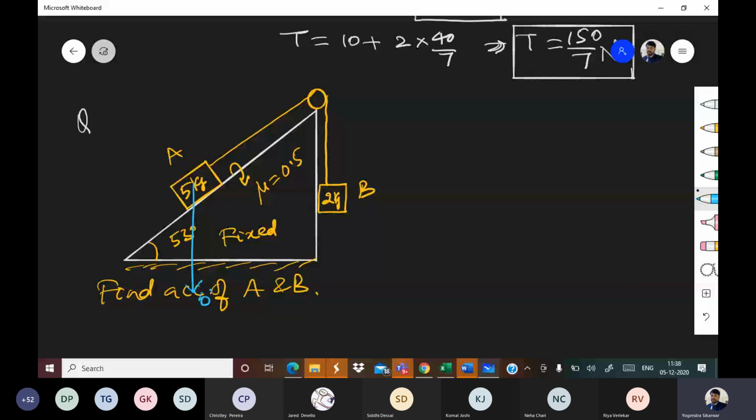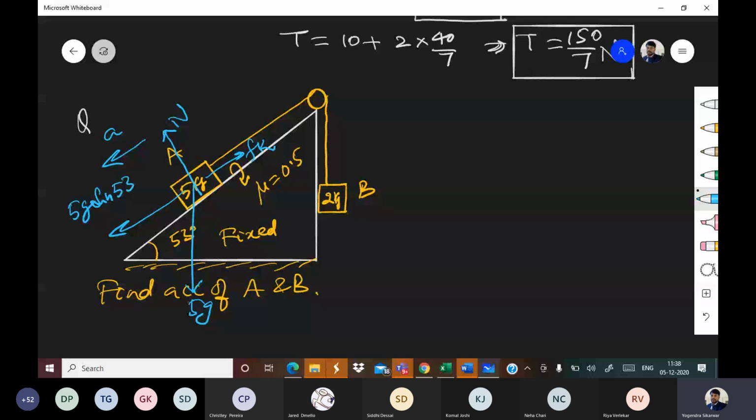5G is acting downward. N is acting perpendicular to the surface. 5G sine 53 will be acting downward. We are considering that it is going down by A. So friction will be acting in this direction, which will be Fk.